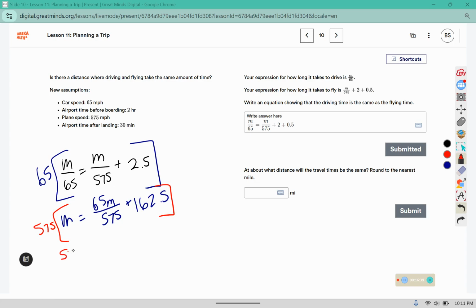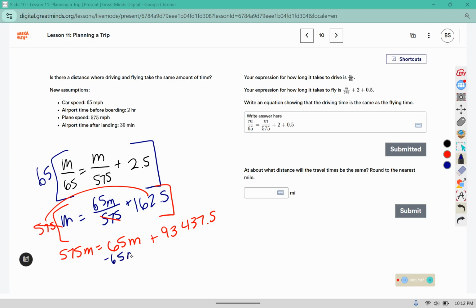So that would be 575m, and then the 575s here would divide out, so we'll have 65m, and then I need 575 times 162.5, which is 93,437.5. Now it looks extreme, but we still have some more math and calculations to do.